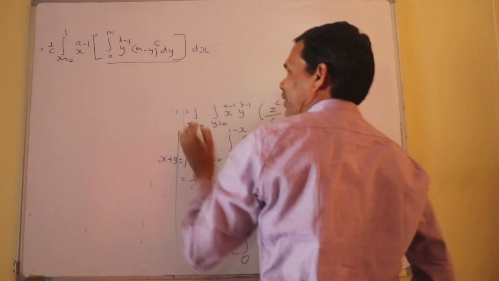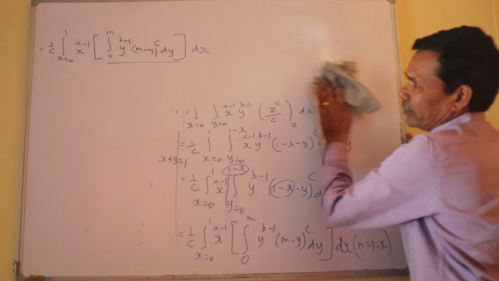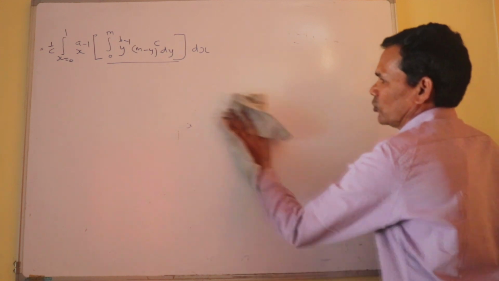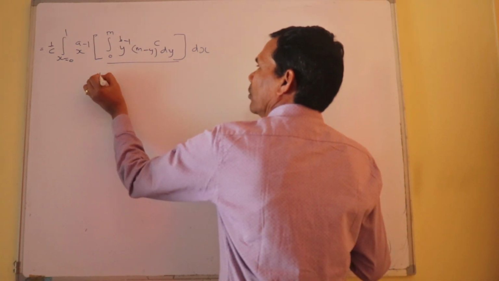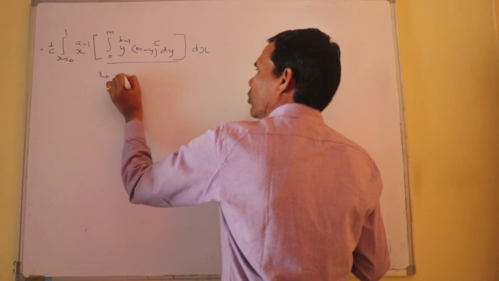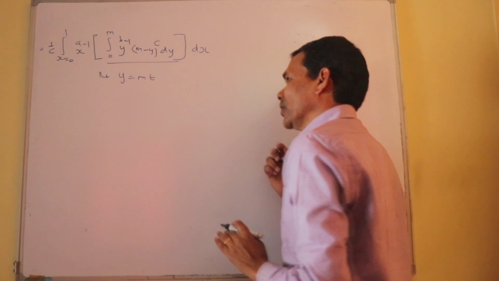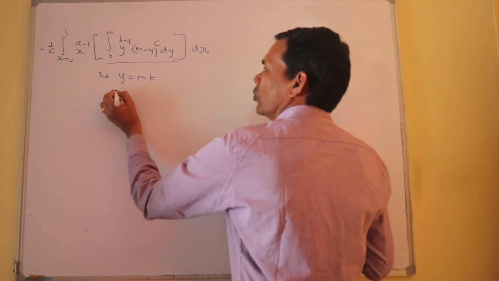So I integrate this bracketed expression by expressing it as a beta function, using a suitable substitution in order to convert the limits to 0 to 1. So put y is equal to mt, so that m is taken out, and we can have the form 1 minus t, with limits also 0 to 1.